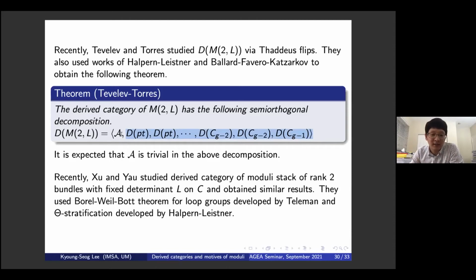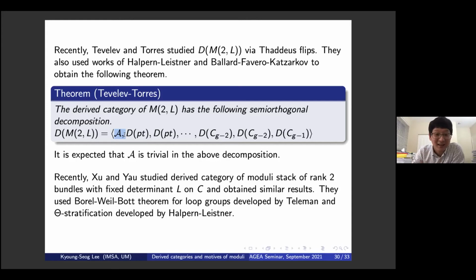It is expected that this conjectural orthogonal complement is 0, but it's still not known.